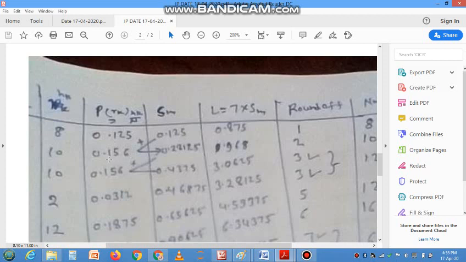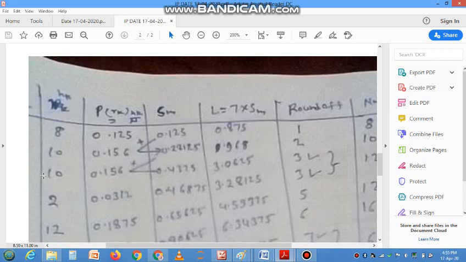Again I am repeating, to calculate the sum at gray label 1, it will be 0.125 plus 0.156, which is 0.28125.